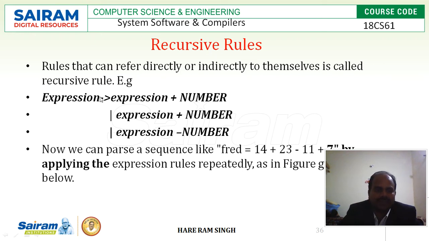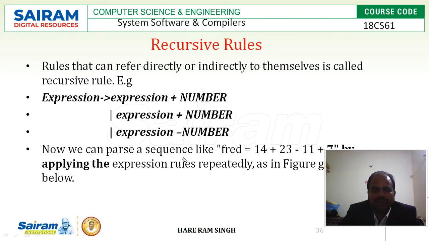For example, expression generates expression plus number, or expression minus number, or here it may be expression multiplied by number. Suppose this is a recursive rule, a production rule, but here expression generates expression itself. So expression is calling expression itself, so it is called a recursive rule.